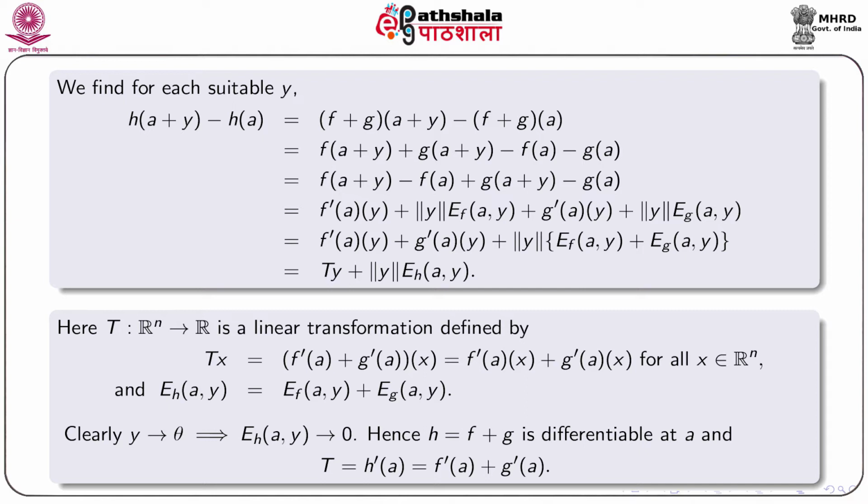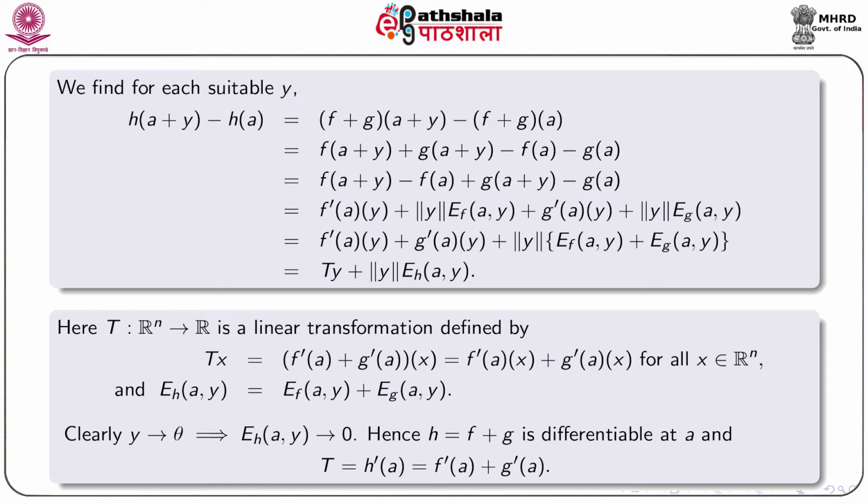We have to write the sum of these four quantities as a linear transformation operated on y plus norm y times an error term. So, we take the terms f'(a)y and g'(a)y first. Then we write norm y multiplied by E_f(a,y) + E_g(a,y). Let this be T y + norm y E_h(a,y).